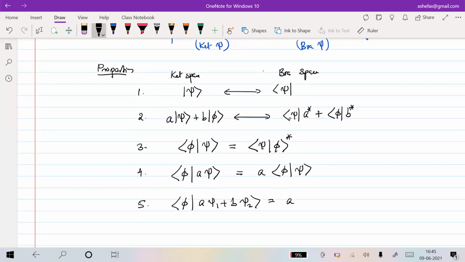So this is equal to a times <phi|psi1> plus b times <phi|psi2>.